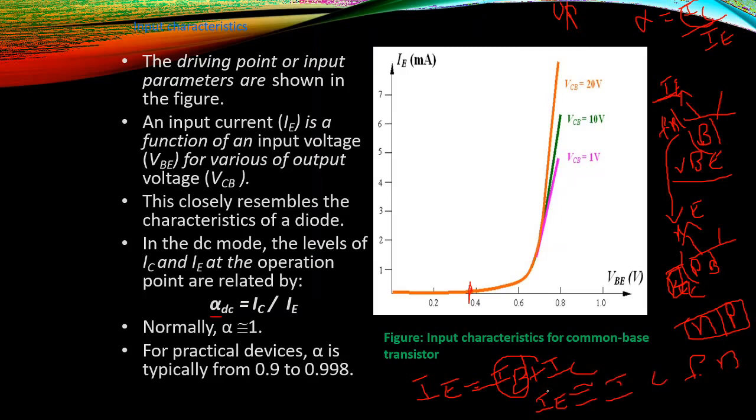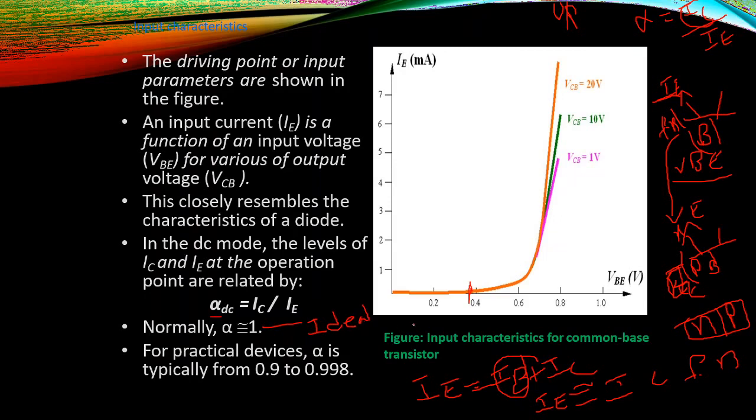If you replace IE by IC, they cancel, and you will get alpha approximately equal to 1. This is the ideal value for the common base configuration: current gain equal to 1.